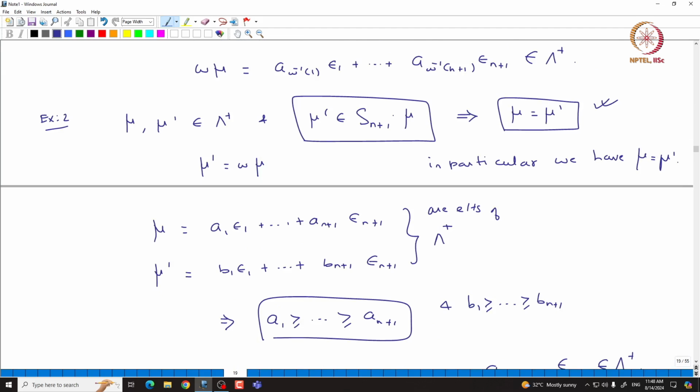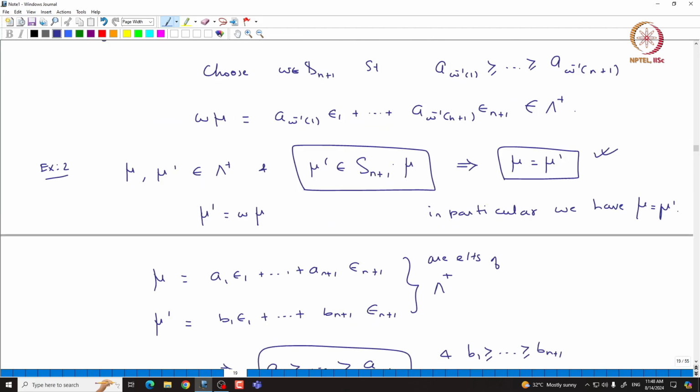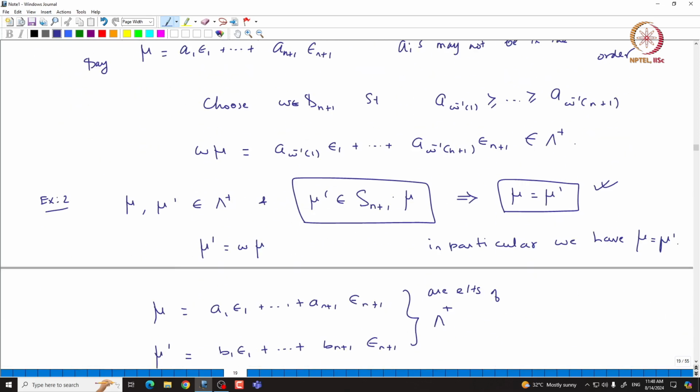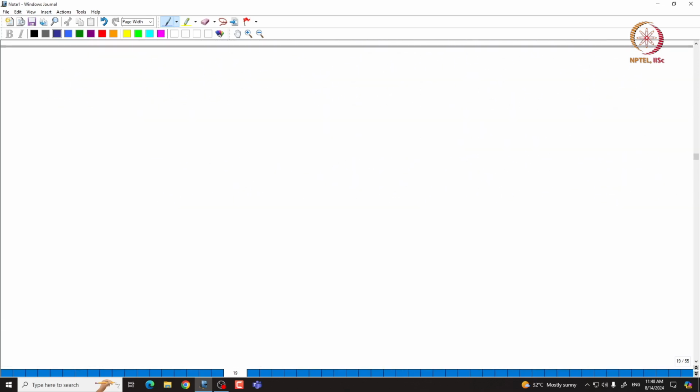So, now this indeed proves that if I start with some weight, okay, let us say below lambda, then there exists w in S_{n+1} such that w mu is dominant.